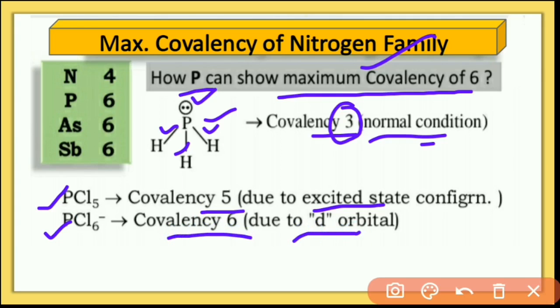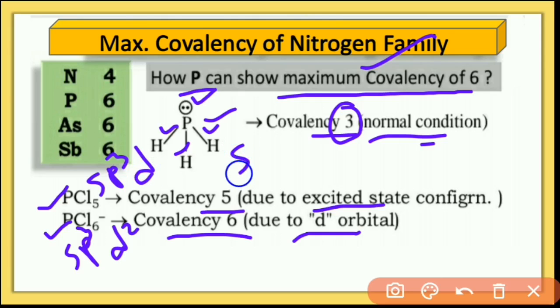Here one more chlorine bonds using the d orbital, and therefore phosphorus is able to form the PCl6 negative ion, whose hybridization is sp3d2, and for PCl5 the hybridization is sp3d. For phosphine the hybridization is sp3. So in this way phosphorus shows a maximum covalency of 6.